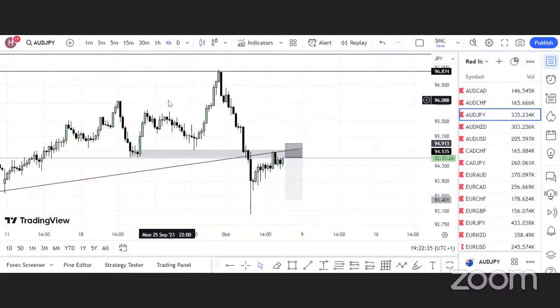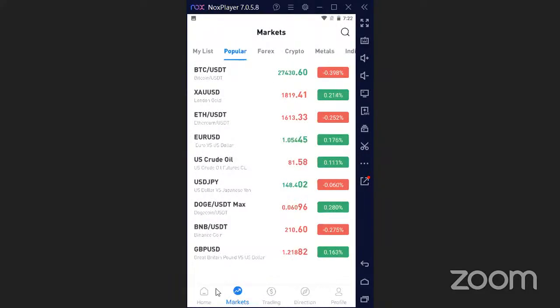AUDJPY. If you don't know how to do that, don't worry. Let me share my screen. Then just follow everything I do. Let me share my BTC Dana trading application screen. So this is my screen.